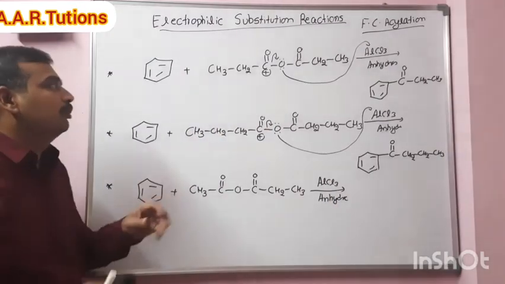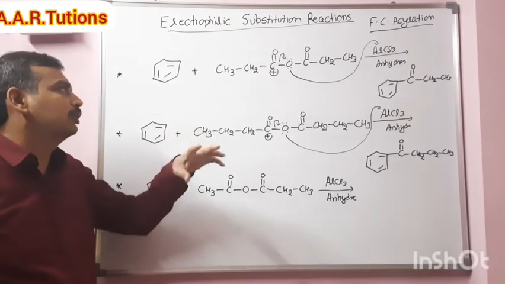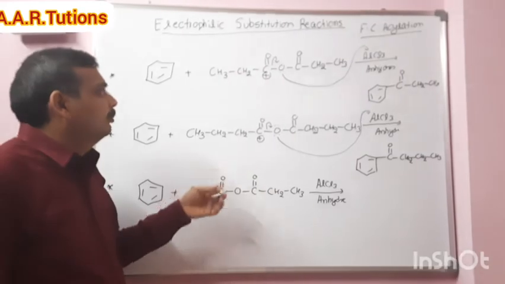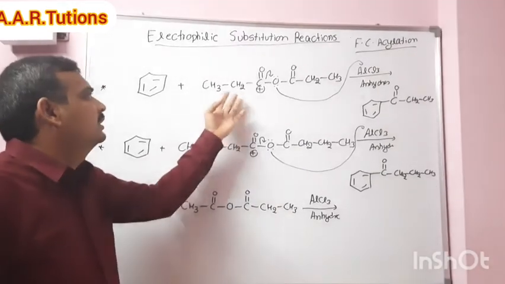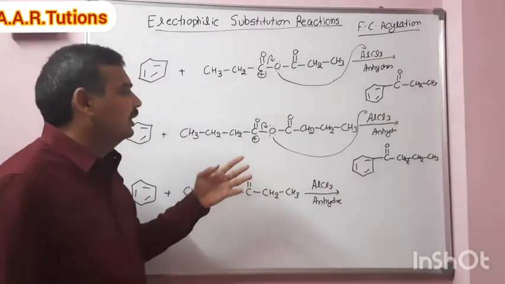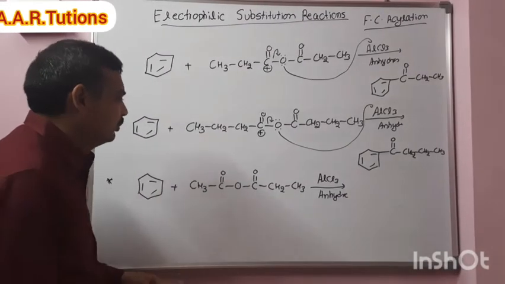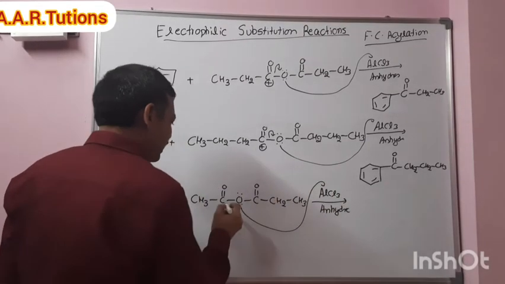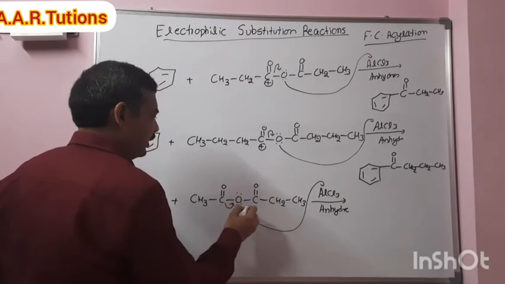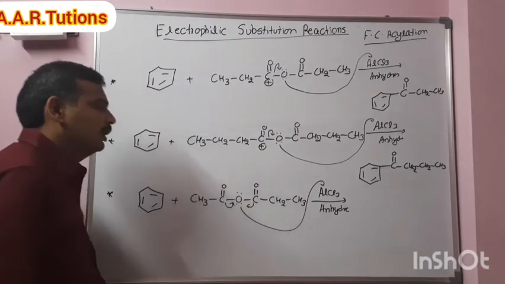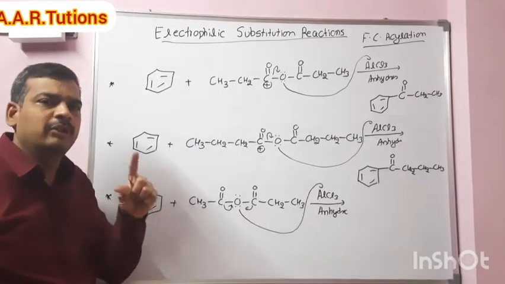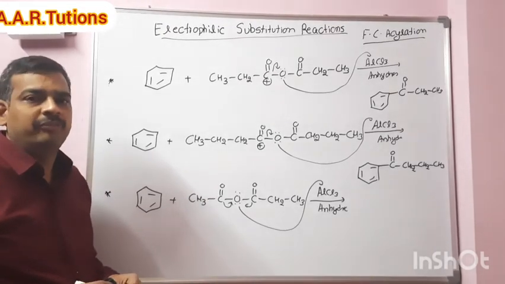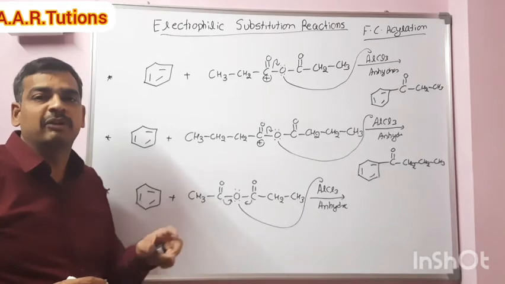So we discussed three problems: acetic anhydride, with CH3 group on both sides, propanoic anhydride, butanoic anhydride. Both sides the electrophile is the same. But here, up to here no problem, it will form a complex. From here to here there is a possibility, or from here to here. There is a possibility of two electrophiles in this anhydride, but the product is one. So which product will form?